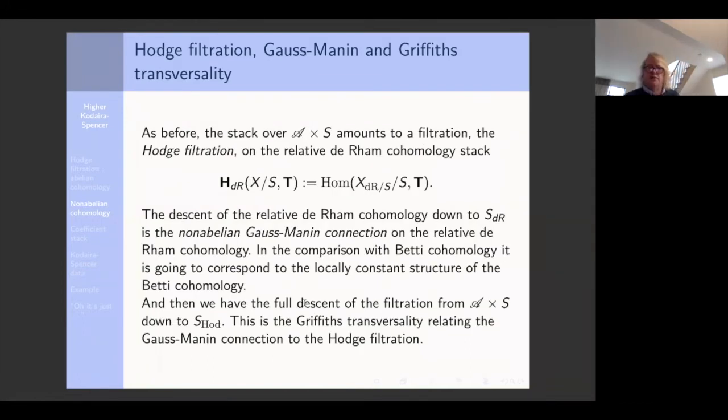Now the fact that this relative de Rham cohomology, which is a stack over S, descends down to S de Rham, that's the non-abelian Gauss-Manin connection on the relative de Rham cohomology. And if we go back to the comparison with the Betti cohomology, it's going to correspond to a locally constant structure on the Betti cohomology. Then we have a full descent of the whole filtration from A cross S down to S Hodge, and that's just going to be the Griffiths transversality statement relating the Gauss-Manin connection to the Hodge filtration.